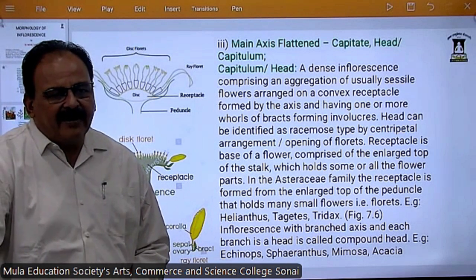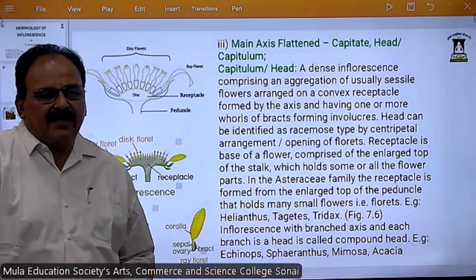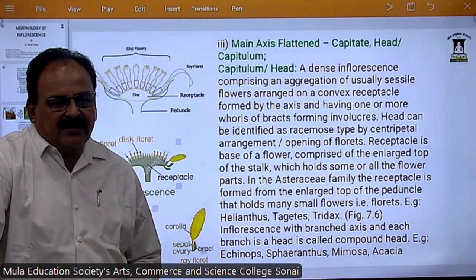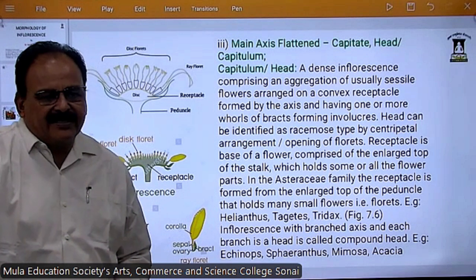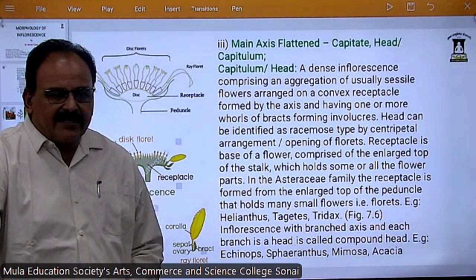Head can be identified as a racemose type by the centripetal arrangement, opening of florets from the periphery to the central region.